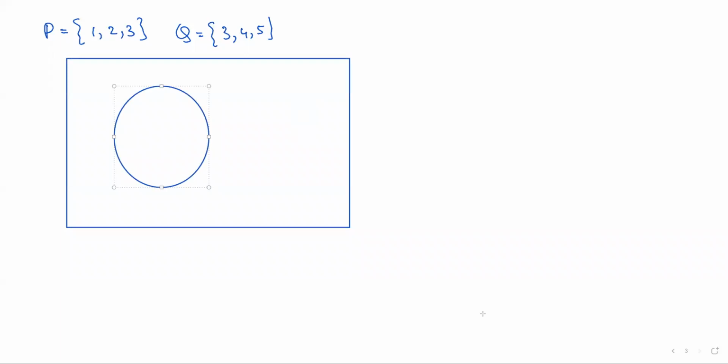Let's put the values of P over here first. So P set contains values 1, 2. I'm drawing 3 over here because as I observe, P and Q have 3 as a common element. I'll draw here like this because 3 is an element which has to come in both the sets P and Q.